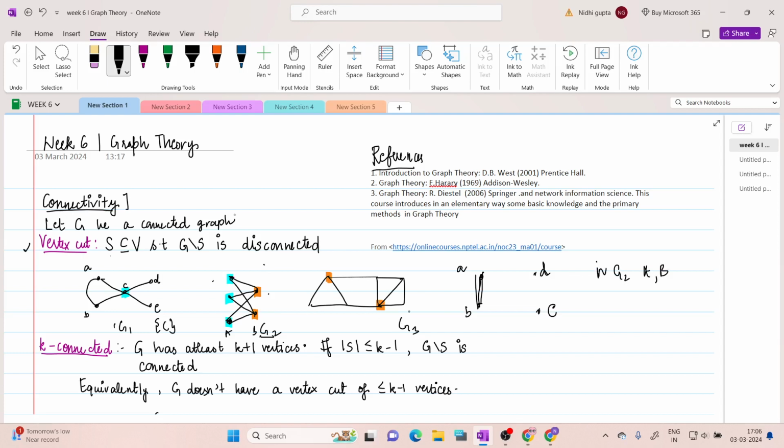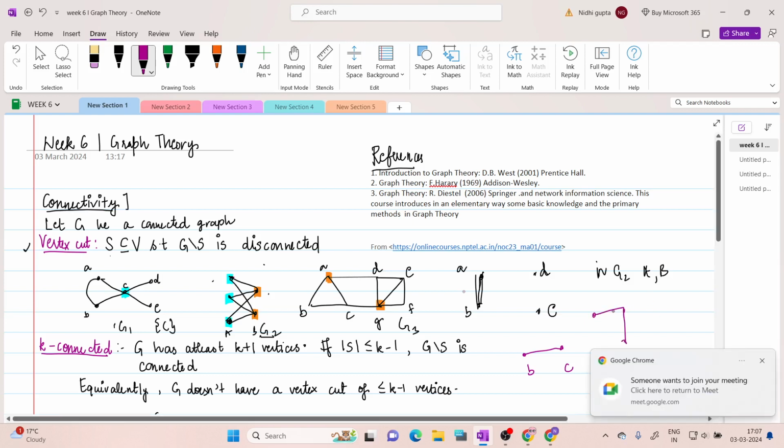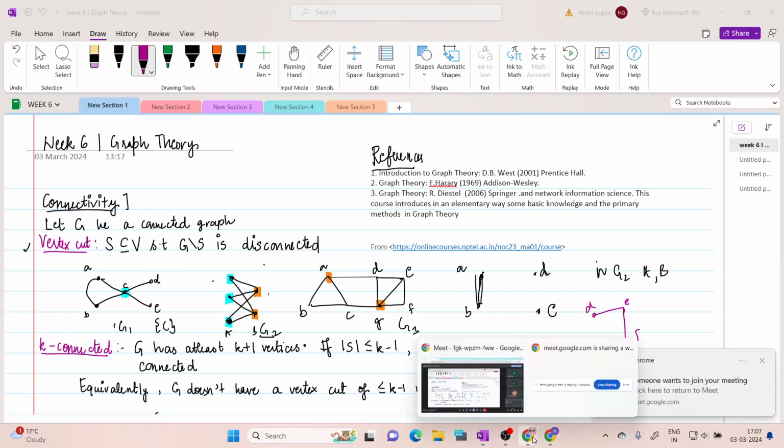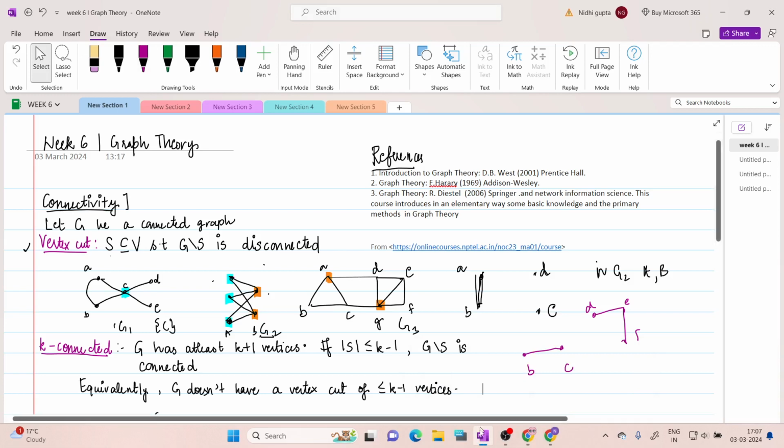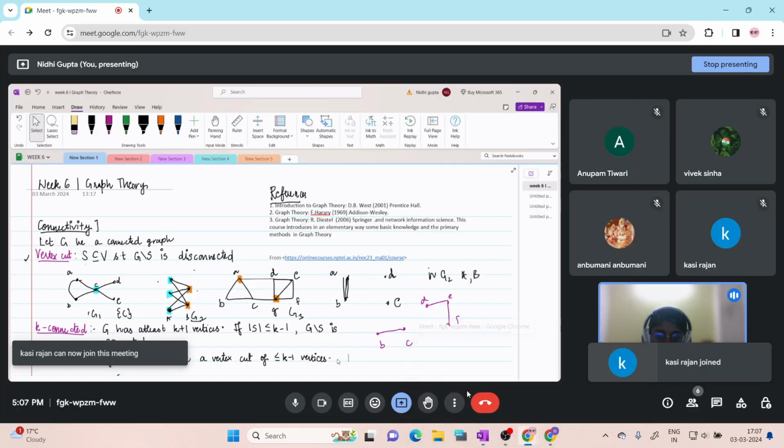And similarly, if you look at G3, and if I name these vertices A, B, C, D, E, F, G, and I remove A and G, my resultant graph will have B, C, and then D, E, F. We see that after removing A and G, the graph is becoming disconnected.